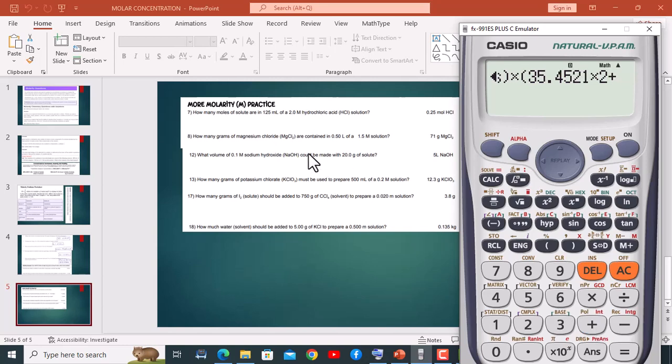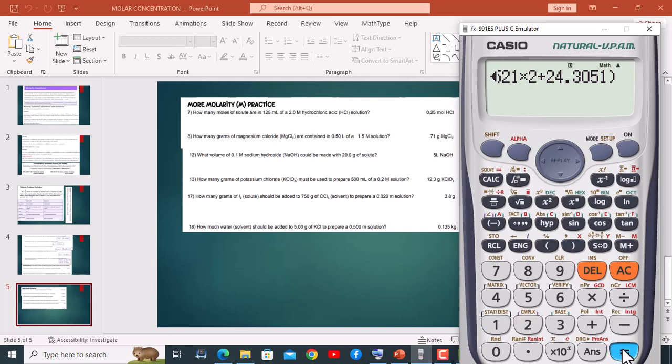Very important. Plus, remember you are calculating the molar mass here. And now we go to magnesium. So I know that magnesium has a molar mass of 24.3051.